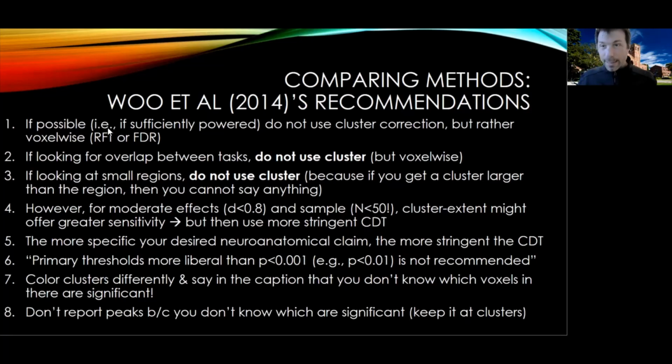And finally, they suggest don't report peaks, just report clusters, because you don't necessarily know which peaks are significant. Although here too, I would oppose that the peaks are the most significant voxels within certain clusters. So of all the voxels in there, those are the likely ones to actually be correct detections.